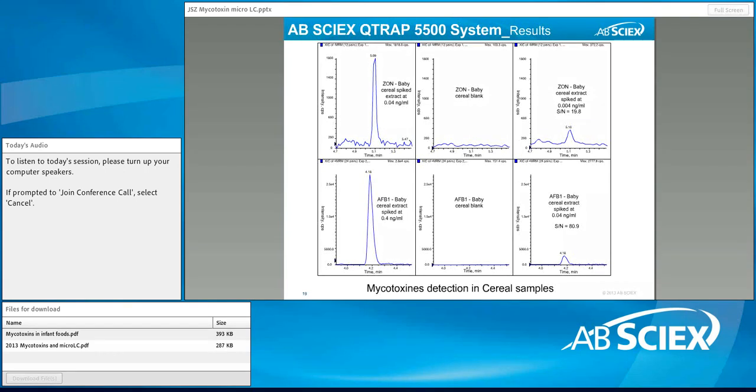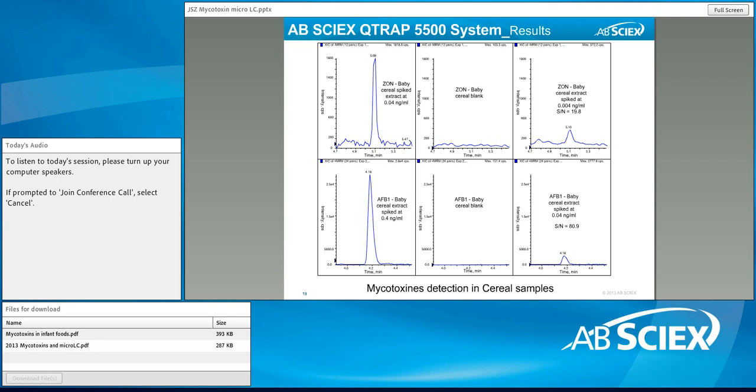Of course, for this method, we also tested different kinds of matrices. I cannot show you all of them. Here's just one example. The standard was spiked into extracted baby cereal samples.